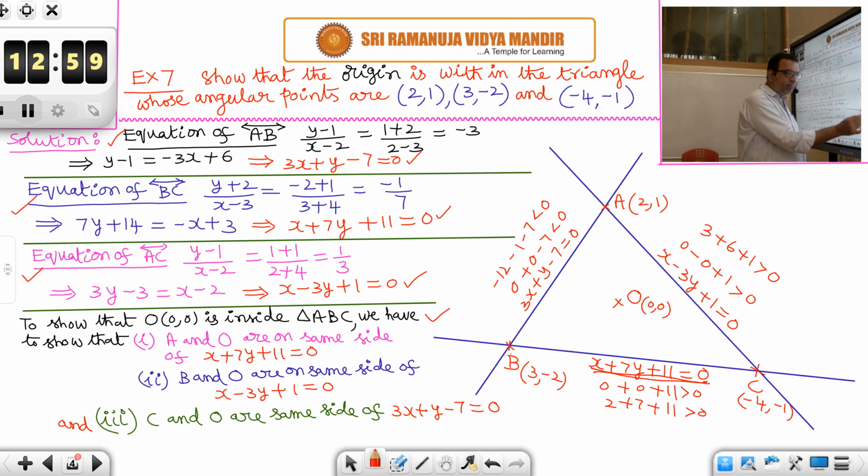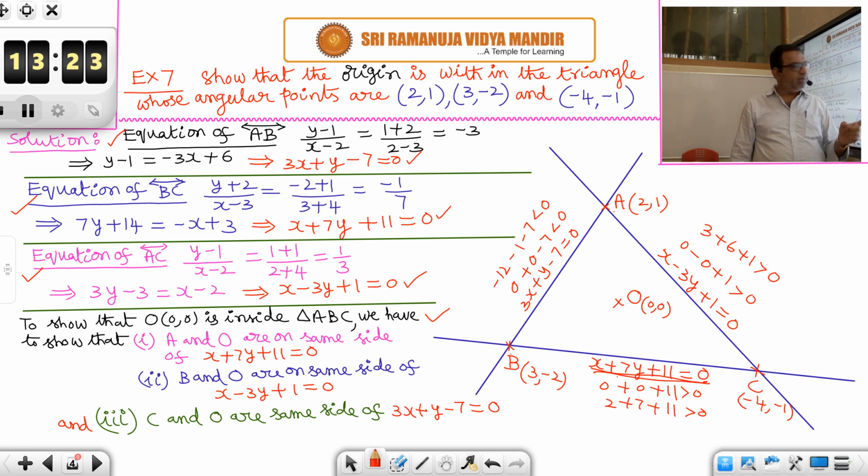If 2 points are on the same side of the line, then what is the condition? I have explained this in half planes. If you substitute these 2 points, origin and A, in the equation of the line, you will not get 0 because they are not on the line. You may get positive or negative. Because they are on the same side of the line, you will get the same sign only.